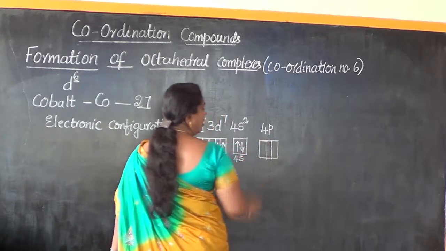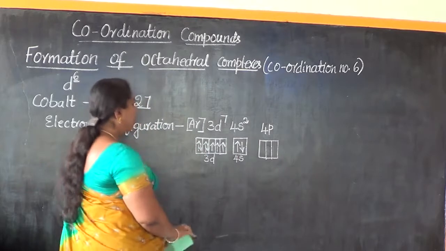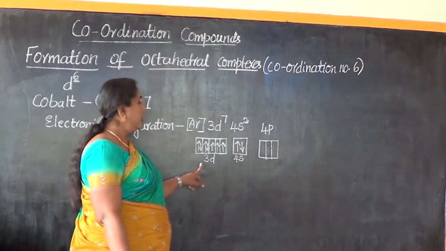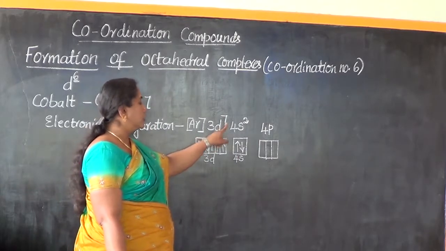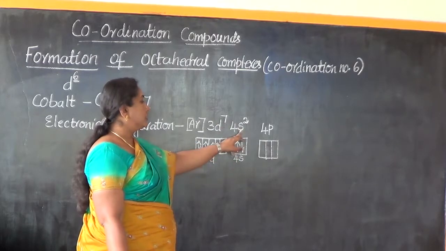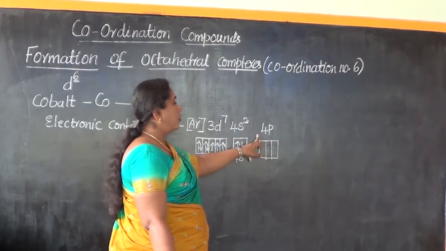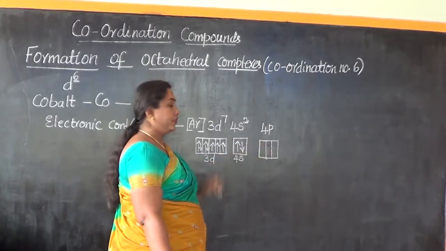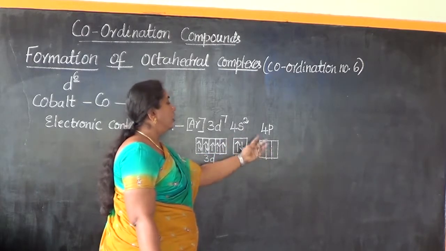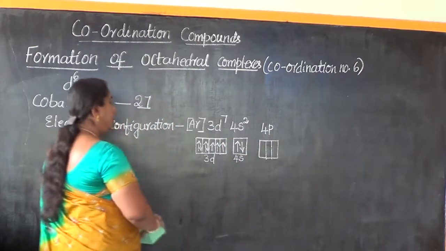So there are 3 orbitals of p, 5 orbitals of d containing 7 electrons, 1 orbital of 4s containing 2 electrons, and all 3 orbitals of 4p are empty.